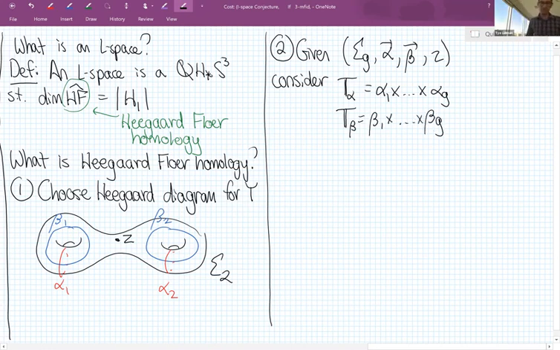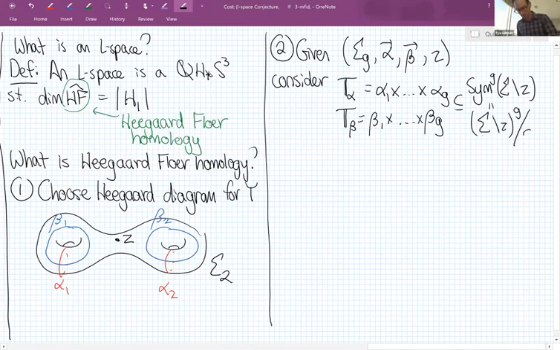And I could think of these as living in, say, the G-fold product of the surface, but I actually put them inside of the G-fold symmetric product of the surface. And just recall the G-fold symmetric product, I just take G copies of the surface and I mod out by the symmetric group.